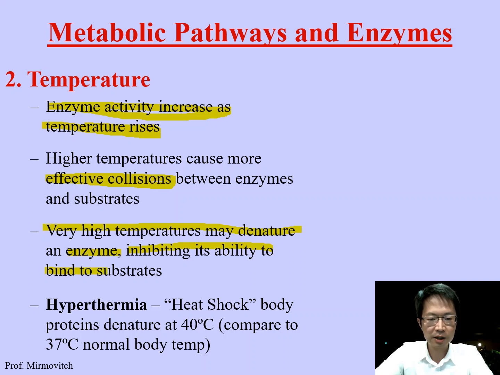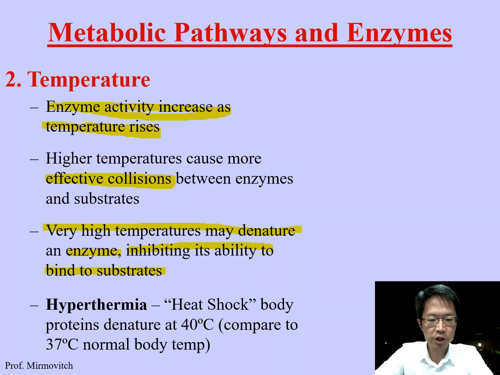And because the active site changed shape, the substrate can no longer bind to the active site, so the enzyme cannot catalyze or speed up the conversion of the substrate into product. So this is what we mean by denature. The heat changes the structure of the enzyme, just like when you cook eggs, it changes the egg white.